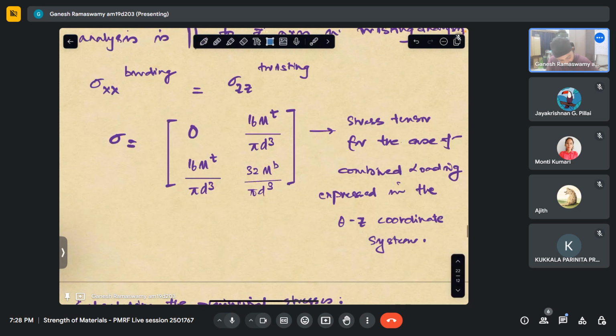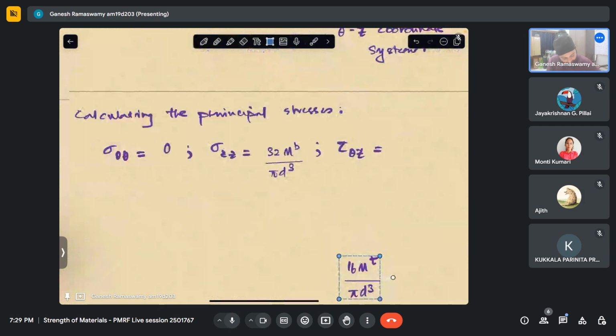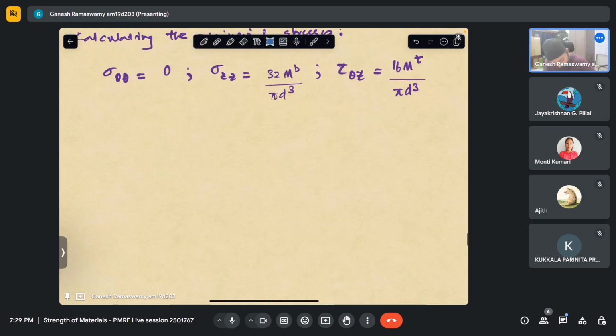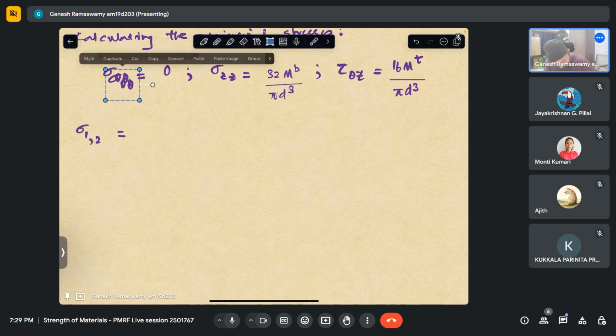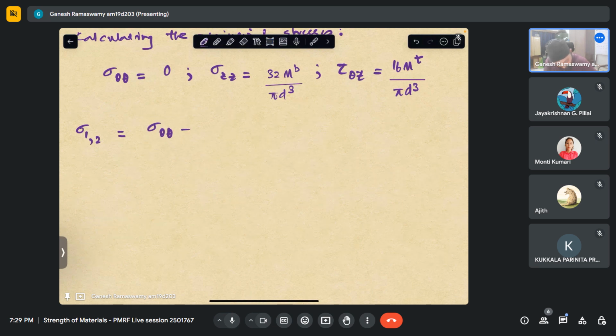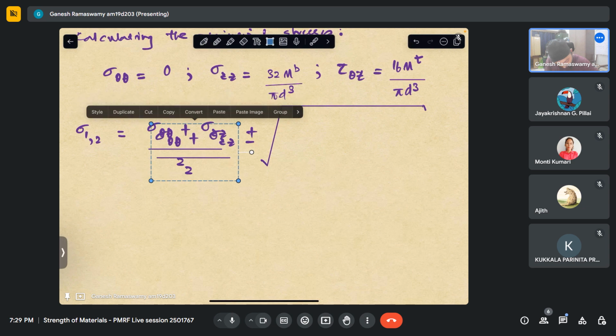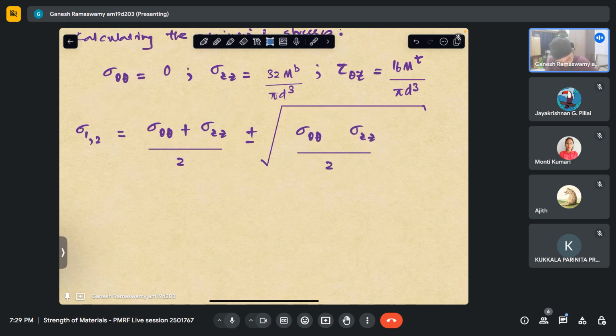We know how to calculate principal stresses in this plane: sigma 1, 2 is this by 2 plus minus root over the same thing, except for a minus in the middle, the whole squared, plus this quantity, the whole squared. So this is just coming from our transformations. So this much we know.